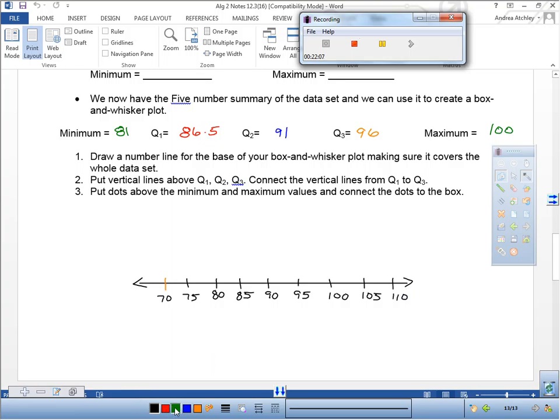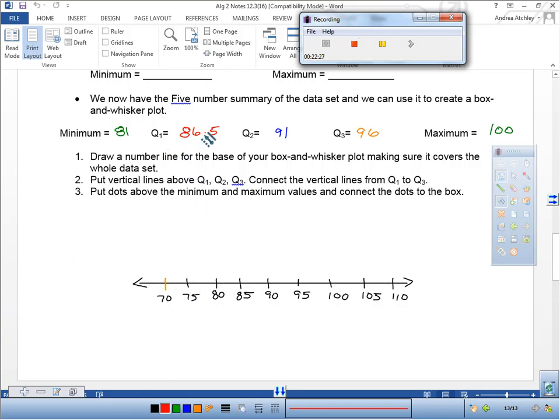So then we're going to start by drawing vertical lines at quartile 1, quartile 2, and quartile 3. Just so I have room to gauge it. I want to make sure all my data fits on it, and I want a little bit below and a little bit above it. Okay.